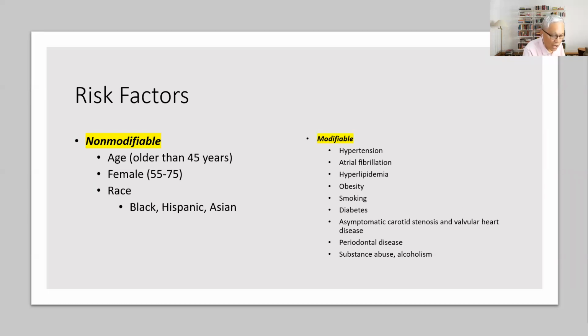Now, this is a common question in the NCLEX. I wanted to underscore why it is that atrial fibrillation produces more CVA or stroke than pulmonary embolism.